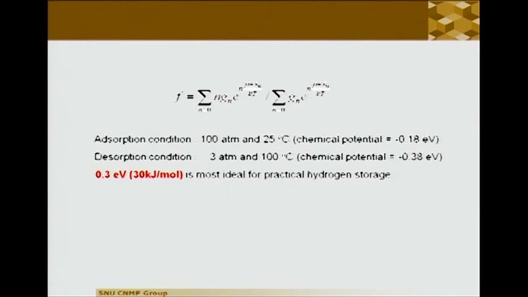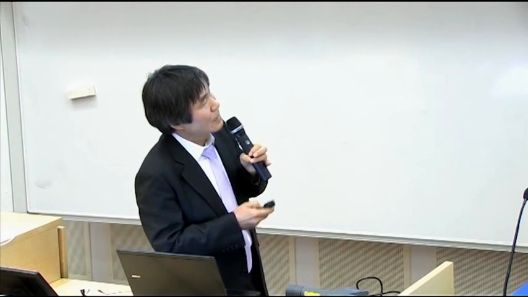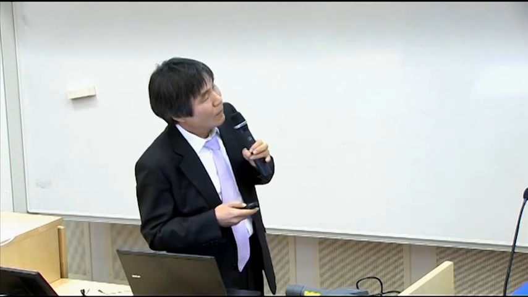For the desorption condition to release the hydrogen, we chose 3 ATM and 100 degrees C, which can be conveniently achieved within the car. And we calculate chemical potential in each phase, and it turned out the optimal binding energy for hydrogen molecules should be in between these two numbers. So about 0.3 eV or 30 kilojoules per mole is most ideal for practical hydrogen storage. And we can achieve that with transition metal atoms.